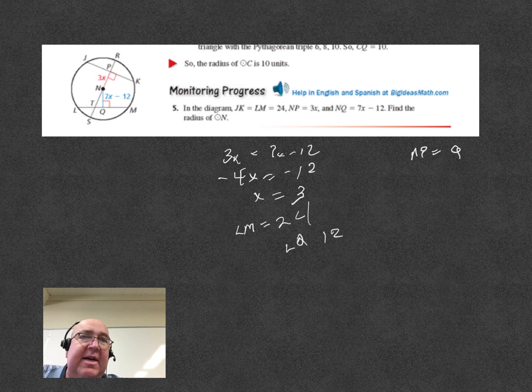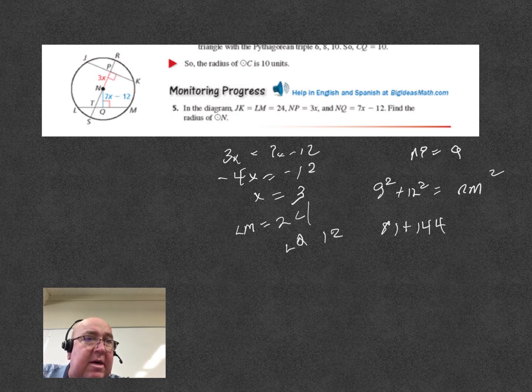So we have 9 and 12. So we have 9 squared plus 12 squared is going to be equal to NM squared. 81 plus 144 is equal to 225. NM is going to be 15.